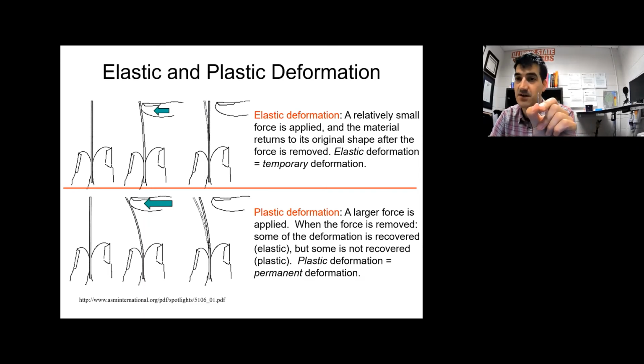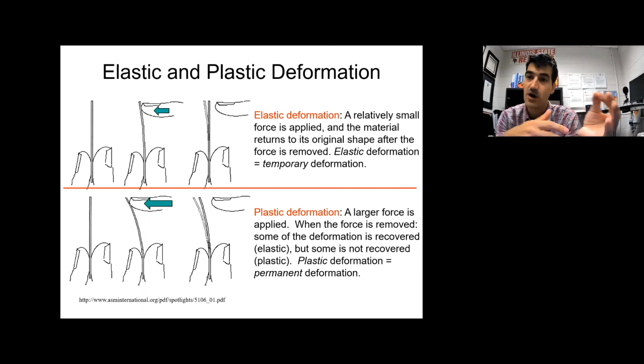Plastic, okay, now I'm going to go ahead and do plastic. Plastic deformation is if I apply a little bit of force, it comes back. But if I continue past elastic deformation, I continue to bend it, you have to hold it more tightly. If I continue to bend it, now it's not going to come back. So now I have deformed this plastically. We call this plastic deformation.